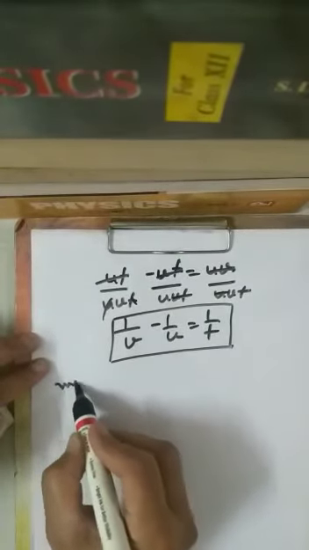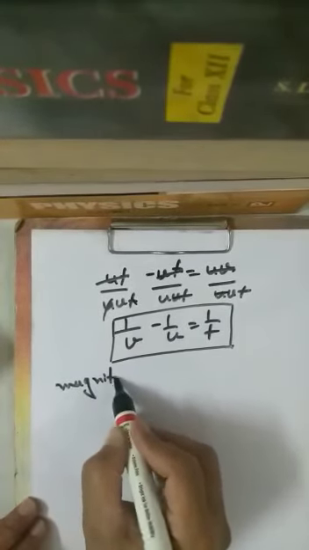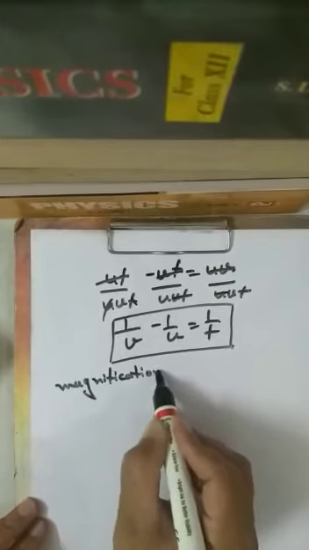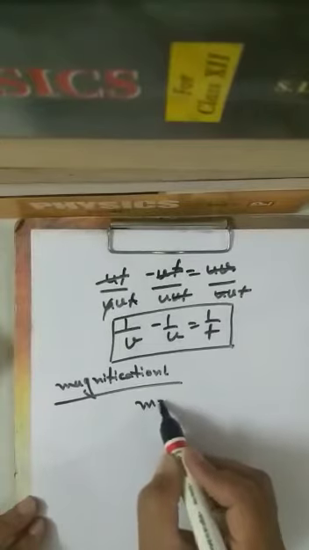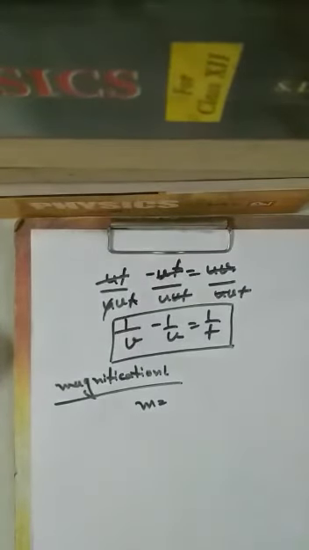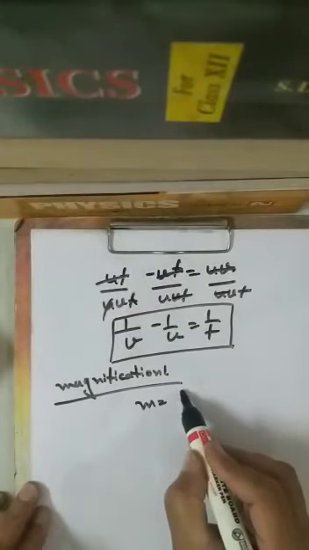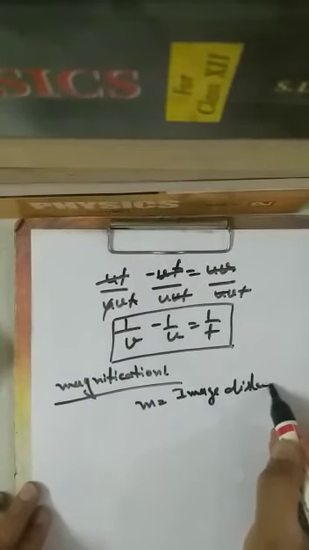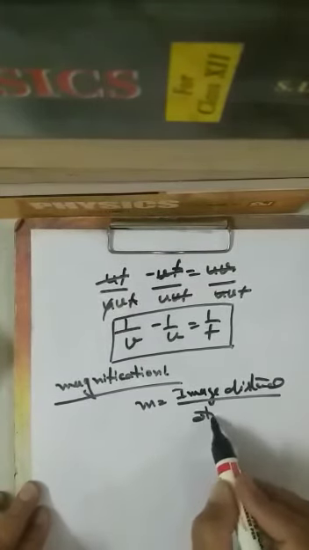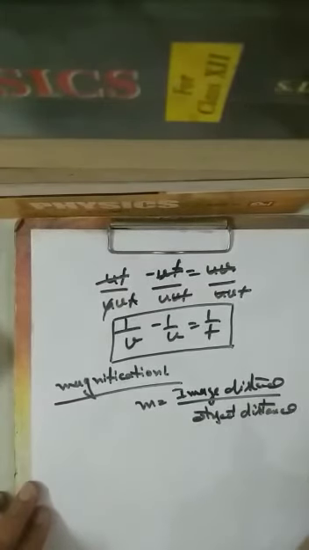Magnification. We also calculate magnification. The formula is M is equal to H2 upon H1, which is image distance to object distance.